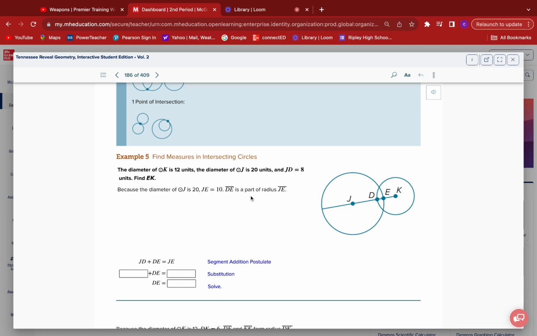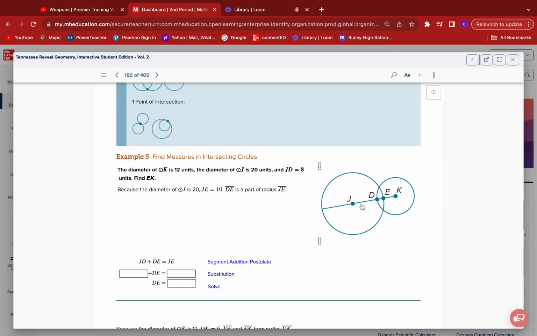Okay. So first off, it says the diameter of circle K is 12. Okay, that means the radius is going to be half of that. That means K to D is a 6. Then it says diameter of circle J is 20. That means this point all the way to E is 20, which means the radius is half. J to E is a 10. All right, then it says JD is 8.